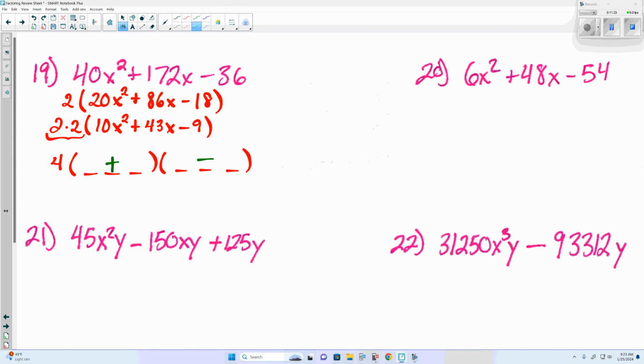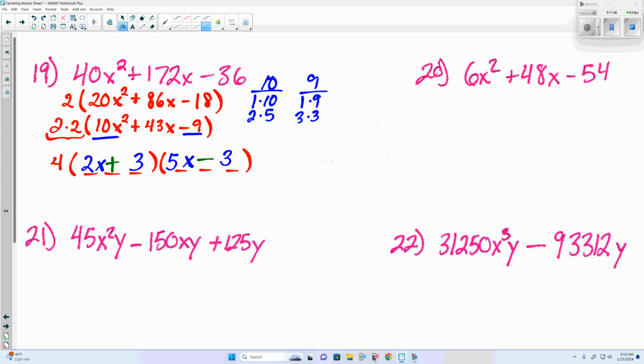If the third term is positive, the signs are the same and match the sign of the middle term. Now we need our factors of the first and third term. 10x squared, well, we'll have x and x. Now 10: 1 and 10, 2 and 5. So we can do 2 and 5 first. Factors of 9: 1 and 9, 3 and 3.